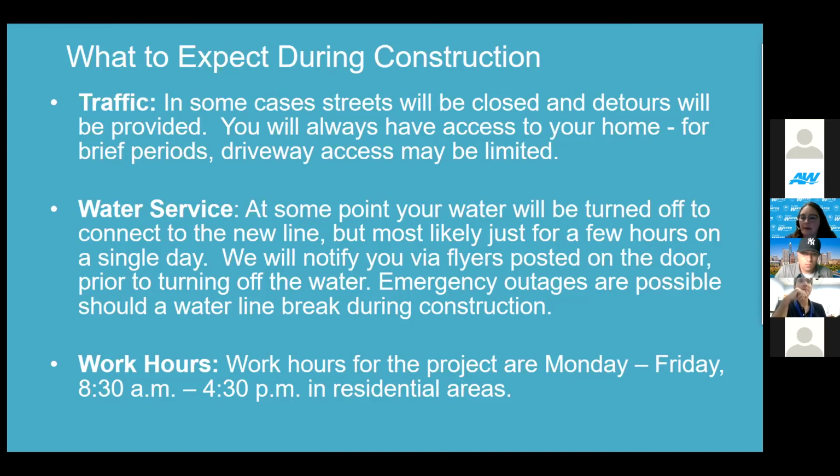Yeah. So currently the two neighborhoods, along Springdale Road and also along Chimney Hill Boulevard, are served by our north pressure zone. And the north pressure zone is gravity fed from a couple of water tanks.